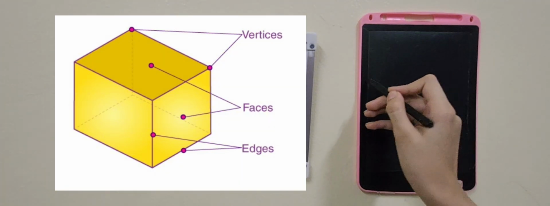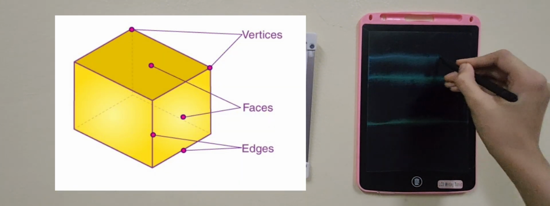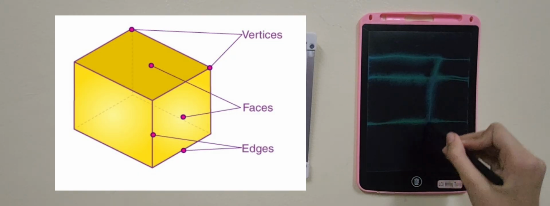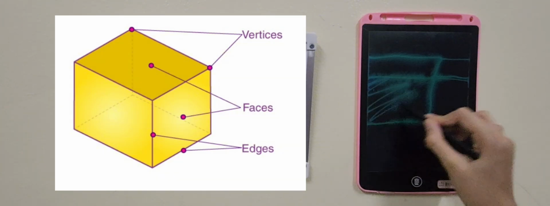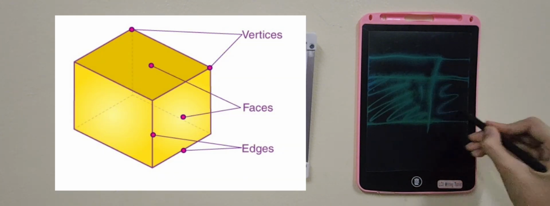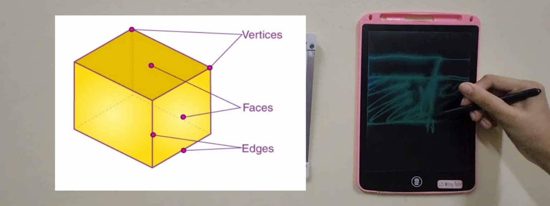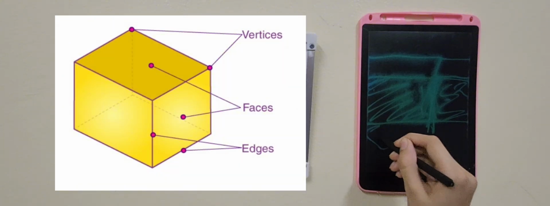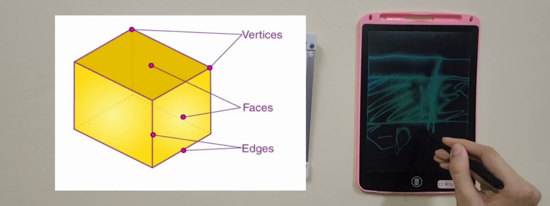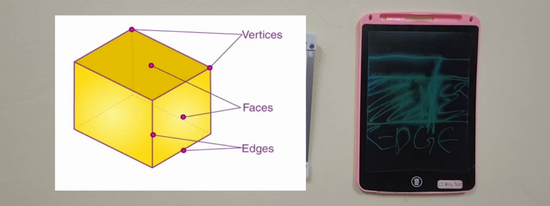And then last but not least, we're going to be learning the edges of a cube. Over here we have 2 faces. And remember, the middle line that is joining the 2 faces together is called the edge. The picture is right here.